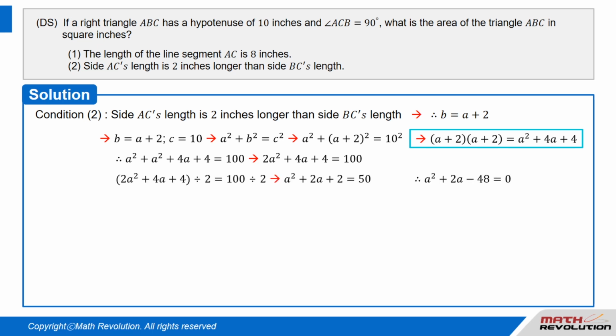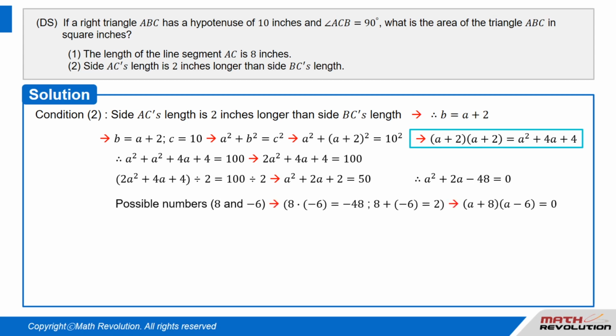Now by dividing the equation by 2, we get a squared plus 2 times a plus 2 equals 50. Bringing the 50 over gives us a squared plus 2 times a minus 48 equals 0. We need to factor this by finding 2 numbers that multiply to negative 48 and add to 2.